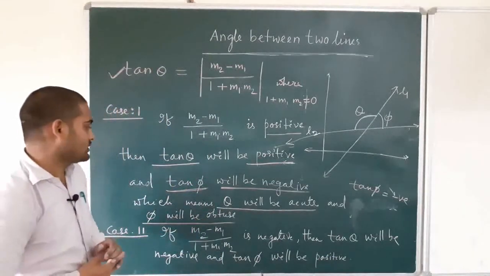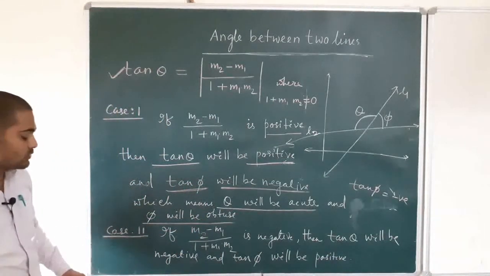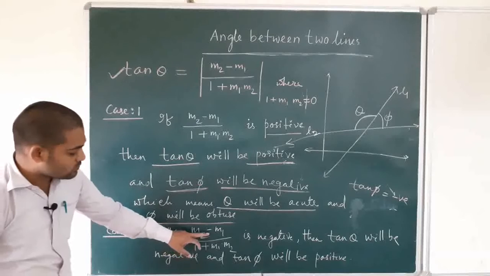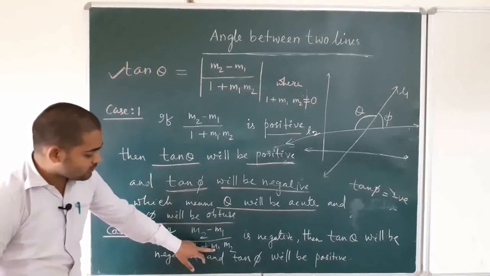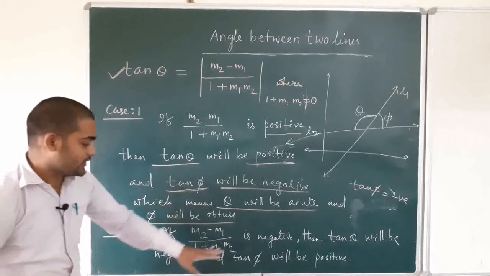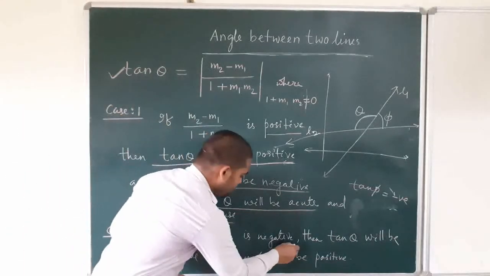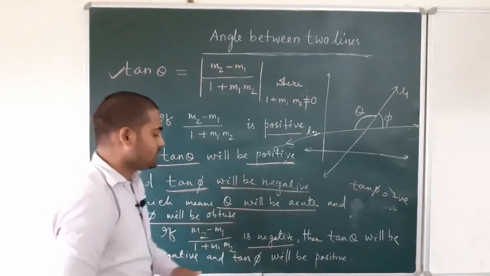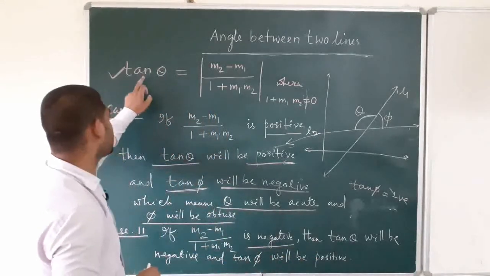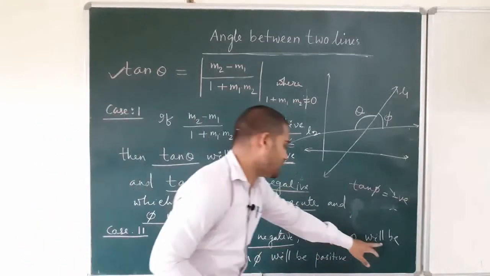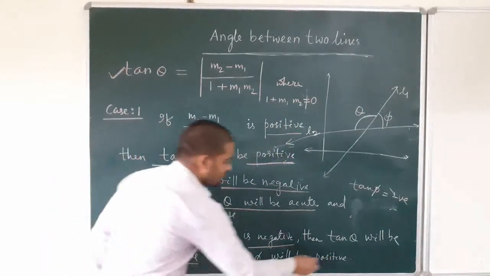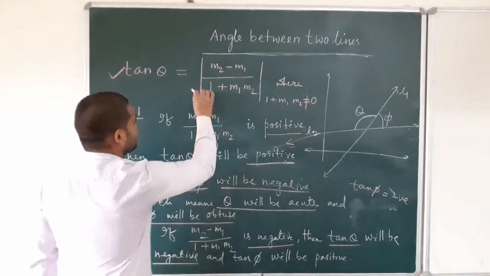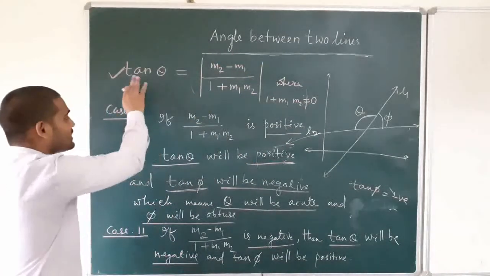In this case, case 2, if m2 minus m1 by 1 plus m1 into m2 is negative, then tan theta will be negative.